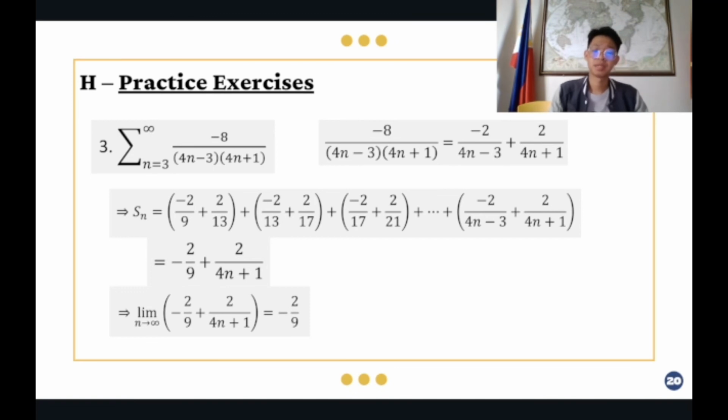So the limit as n goes to infinity of sn, minus 2 over 9 plus 2 over (4n plus 1), equals minus 2 over 9.